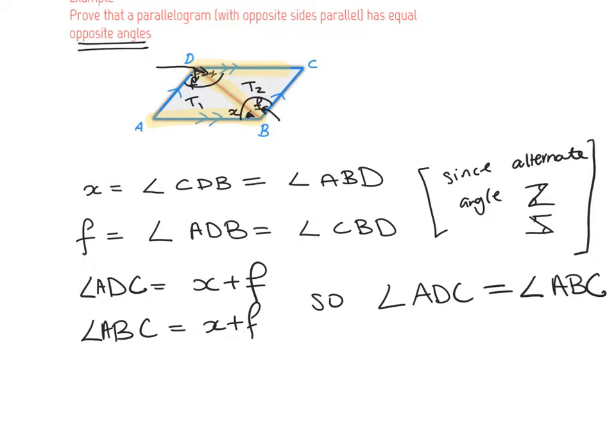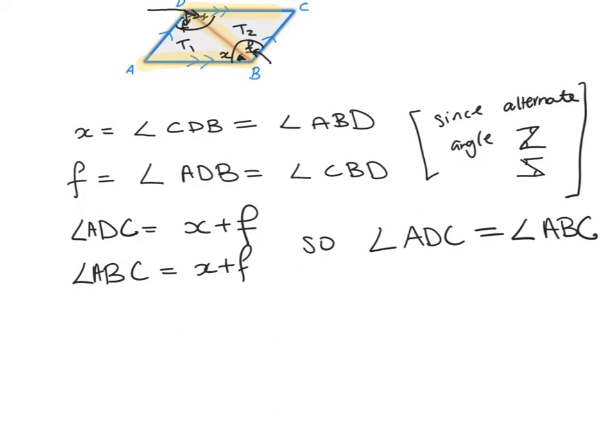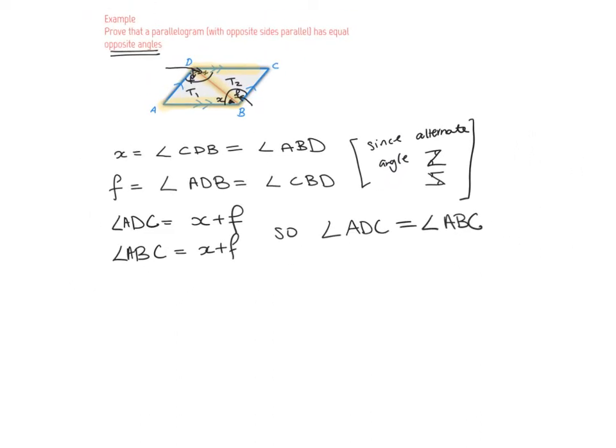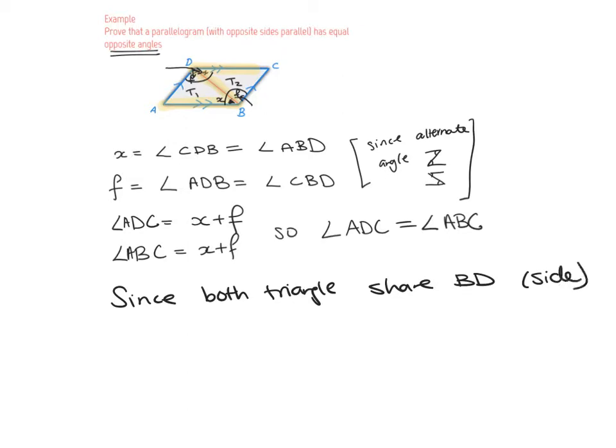Second step, we know that both the triangles share the line BD. Let's write that down. So since both triangles share BD, it's the side, we could conclude that the triangle ABD is congruent to the triangle CDB because we have two angles.